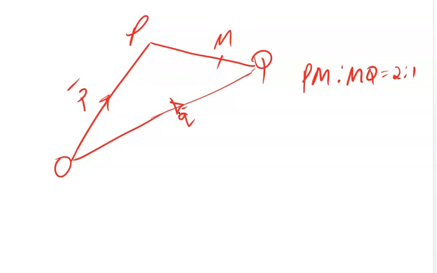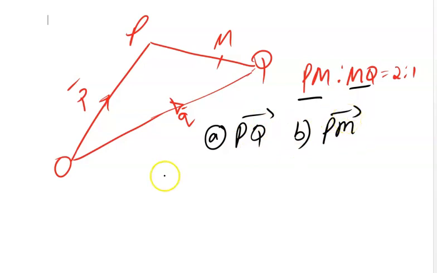Now we equally have this condition. PM is to MQ is 2 is to 1. From this, you have to express in terms of P and Q the vectors.